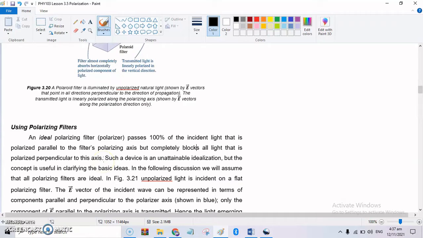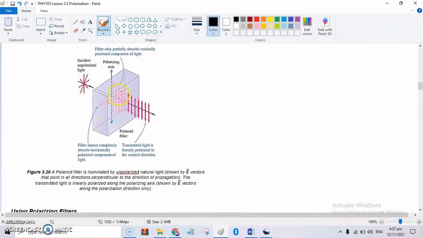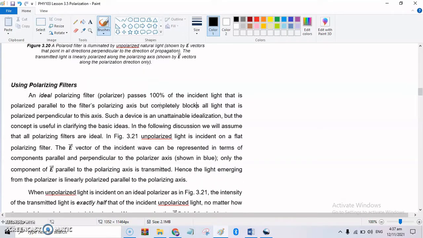Basically it is a polarizer. I know you may be a bit confused here, but the point is, it is a filter that traps incident unpolarized light, and only one direction is let out. Like, in this case, vertical light.